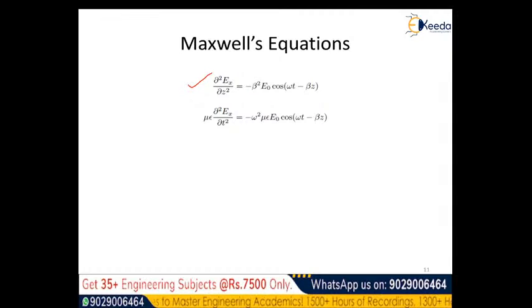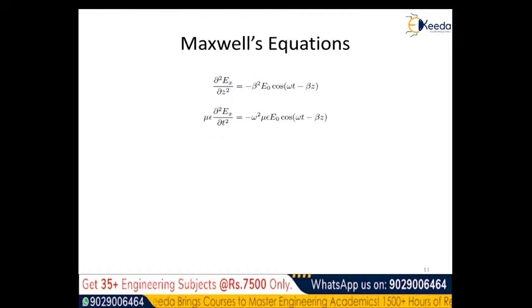These two sides will be equal provided the constant multipliers of cosine omega t minus beta z are equal. So the expression capital Ex equal to E0 cosine omega t minus beta z is the solution of the earlier equation for a particular case of beta. This way we can answer part B. Whereas we have the last part, part C here.